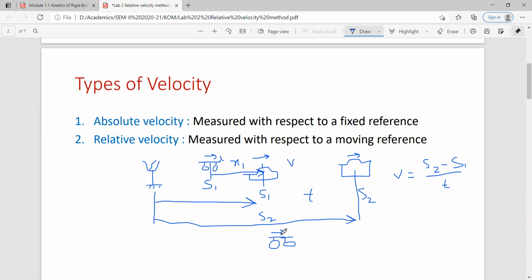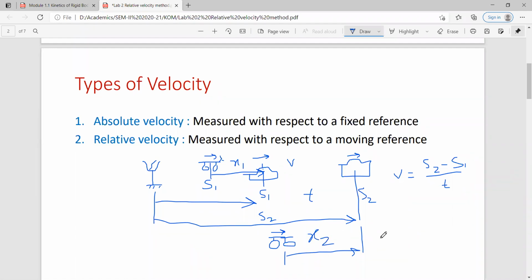This is the bike. When the car is at position S2, the bike is here. It has also moved because it is also in motion. At that time you will see the distance of the car from the moving bike, that is your x2.